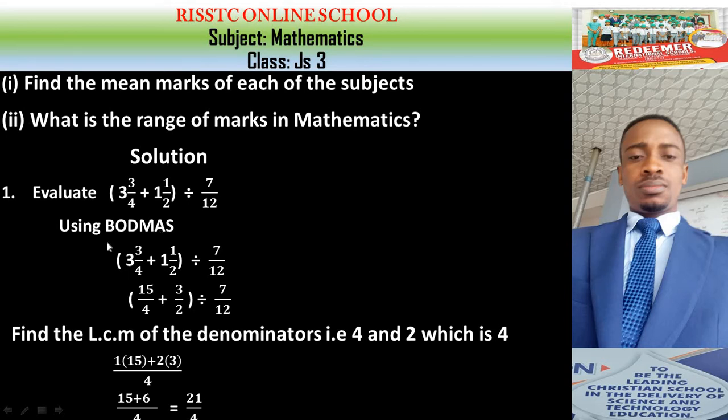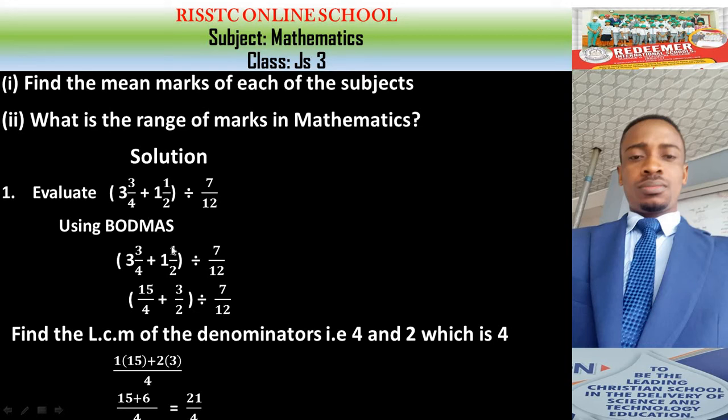B stands for bracket, O stands for of or others, D stands for division, M stands for multiplication, A stands for addition, S stands for subtraction. Now, with this problem given to us, the first thing we do is solve the problem inside the bracket, while 7/12 remains constant.